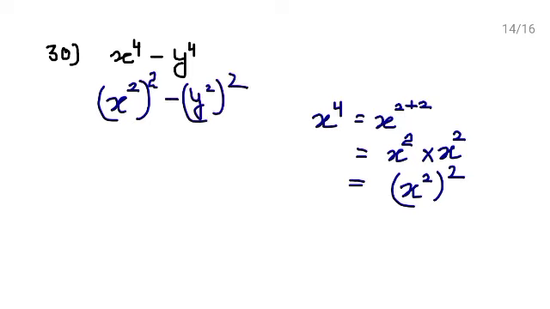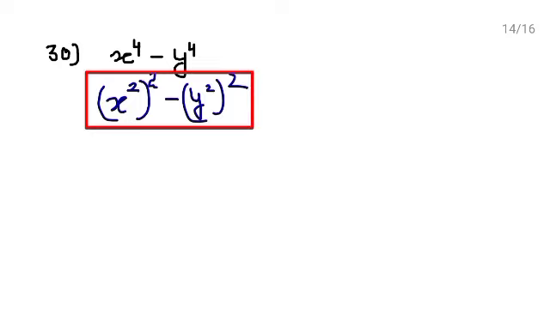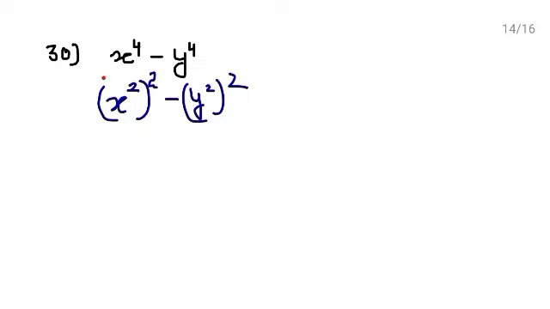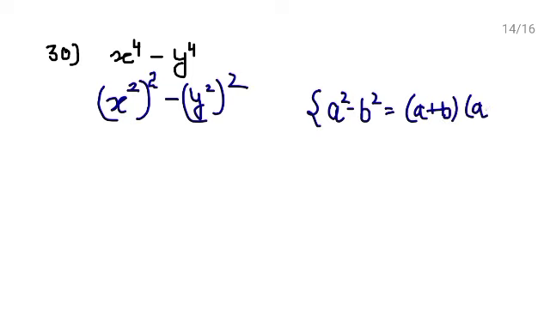Now this is in the form of a square minus b square, where a is x square and b is y square. Clear? So use the identity a square minus b square is equal to a plus b into a minus b. Clear?